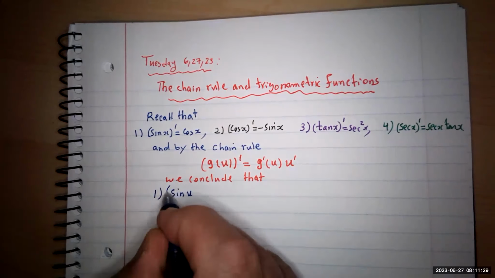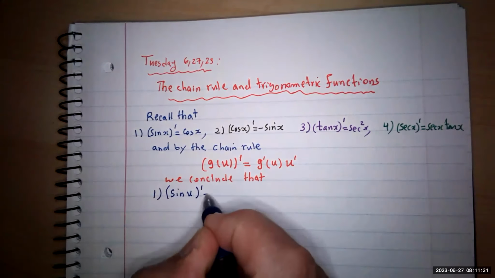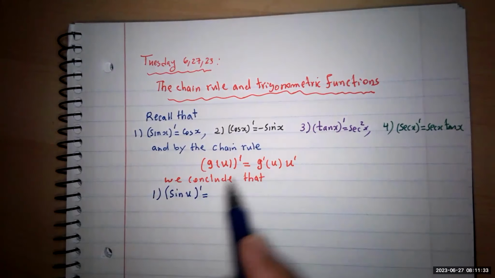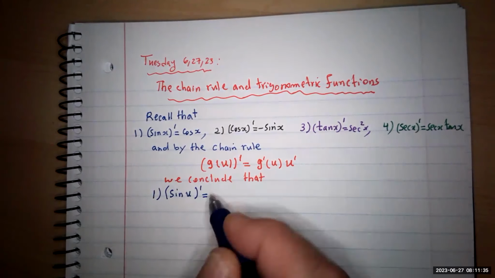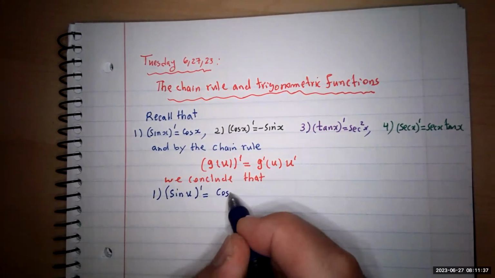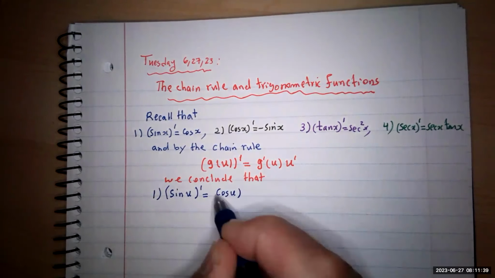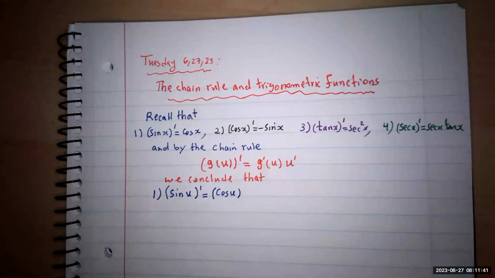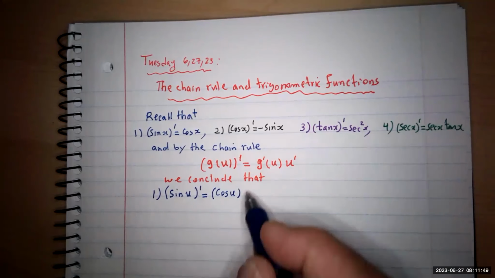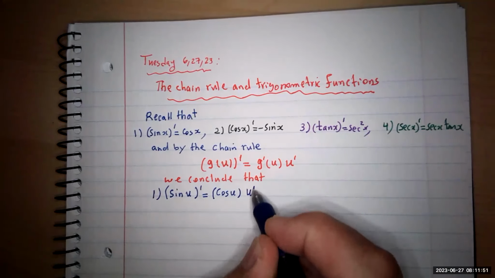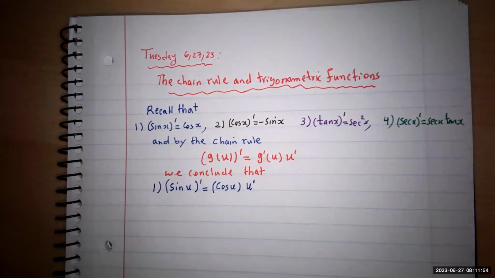If you want to differentiate it, you focus on the derivative of the outside. The derivative of the sine is cosine of u. You better put it inside parentheses. So that would be the derivative of the outside function times the derivative of the inside function. The inside function is u, so its derivative is u prime. That's going to be the chain rule version of the sine function. Any question?